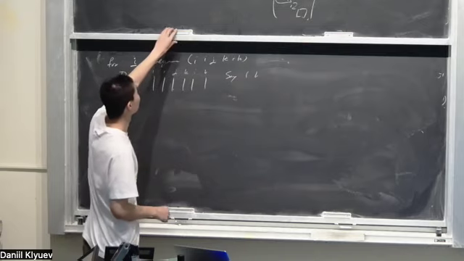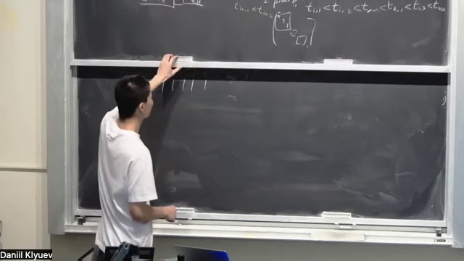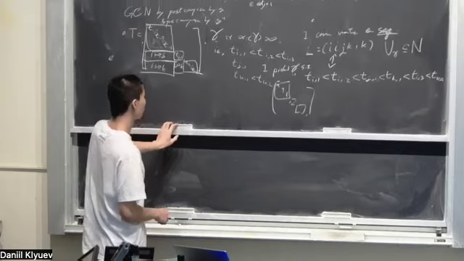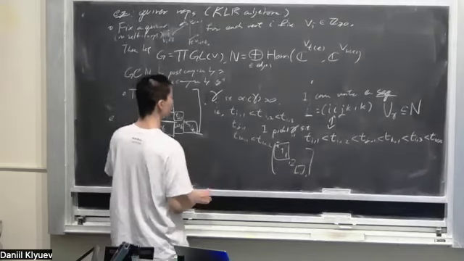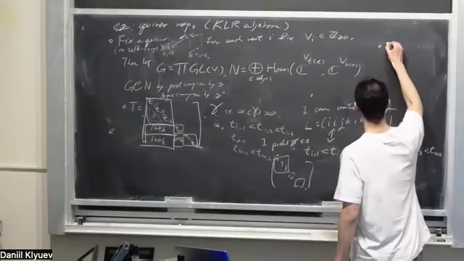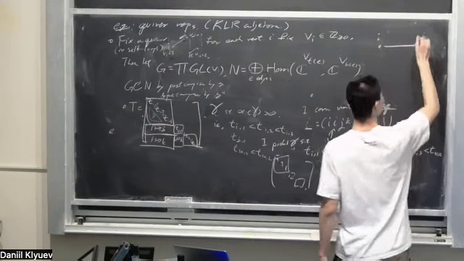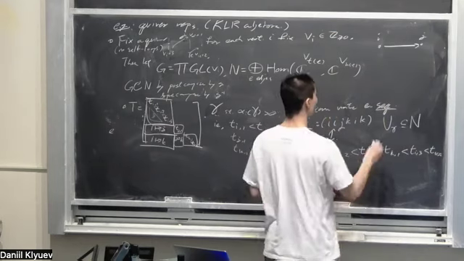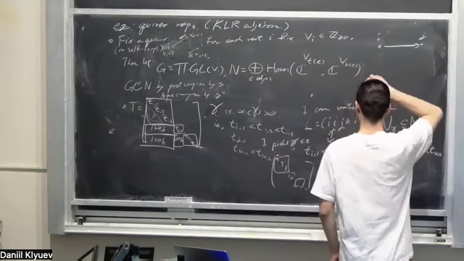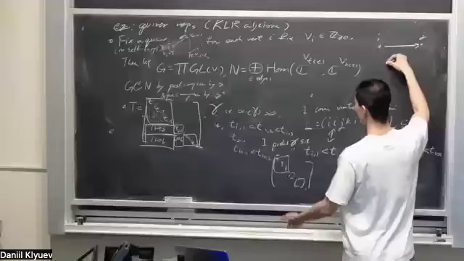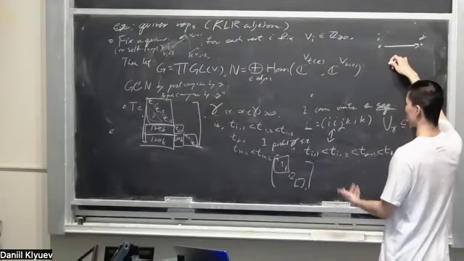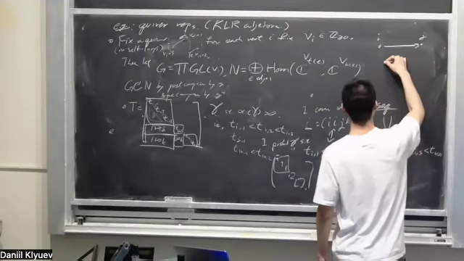Let's say I have an edge from I to J. For my example, let's say I is 2D and J is 1D.